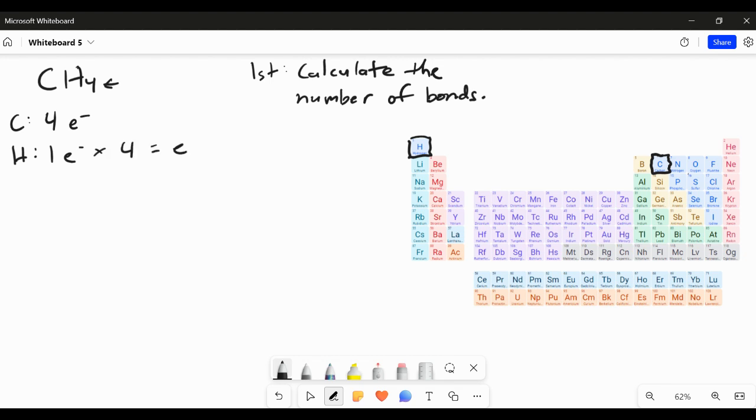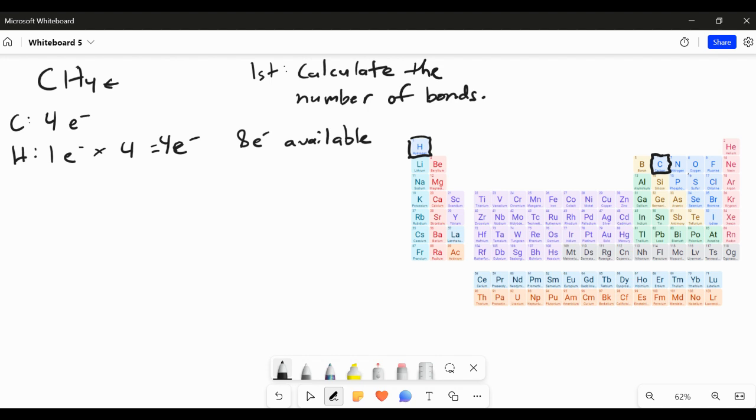That means in total, hydrogen has 4 electrons. So with all of the atoms together in this molecule, we have 8 electrons available.